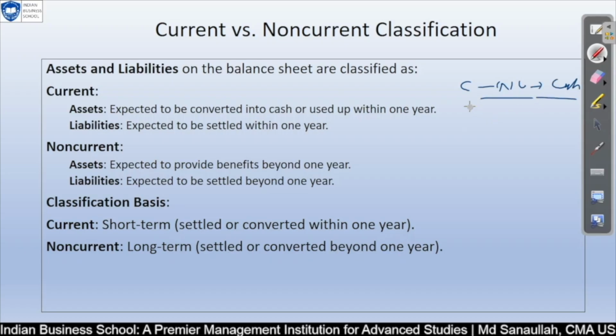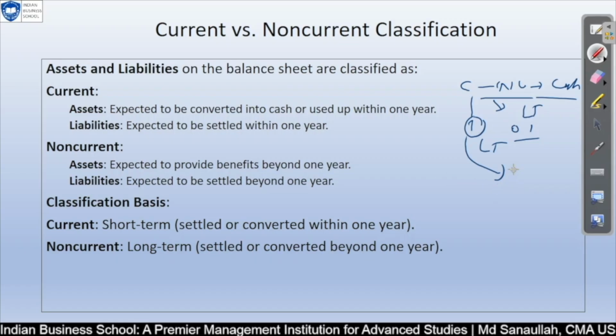So any asset which is going to be held more than that time will be considered long term, or 1 year, either of the two. Normally companies consider 1 year as current and more than 1 year as long term, because the operating cycle may go beyond 1 year also.